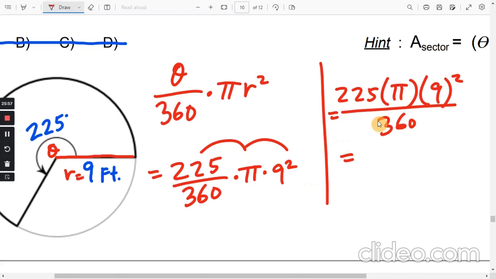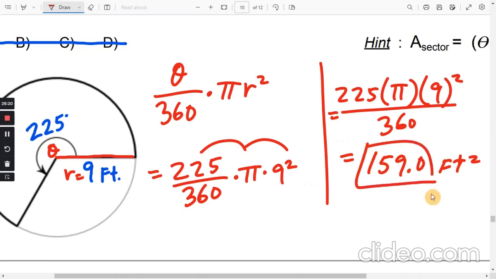Use the pi key, 225 times pi times 9 squared, hit equals, and then divide by 360 at the end. And rounding off, I get 159.0. All right, the units were in feet, so for the area, that's going to be feet squared. But again, it's going to be multiple choice, so the units should be in the answers.